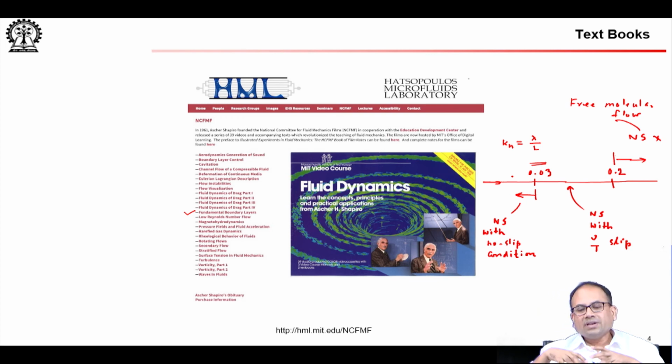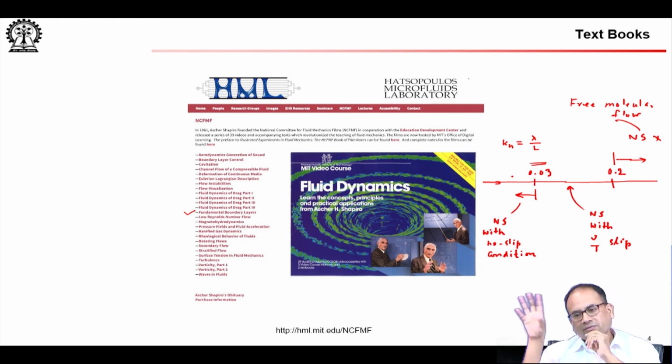So, you cannot really go arbitrarily high. Given that limitation, your Knudsen number will never reach these slip conditions, and forget reaching the free molecular situation.